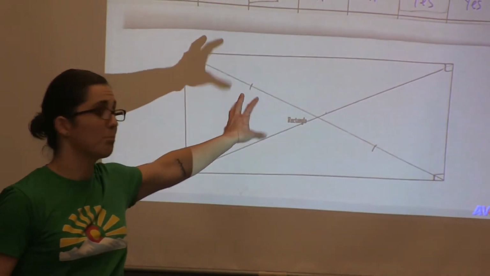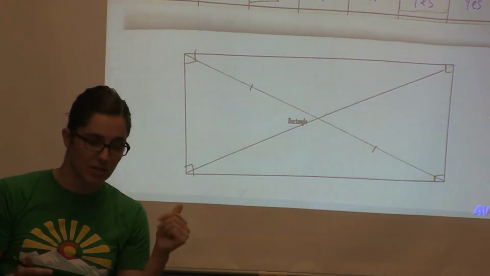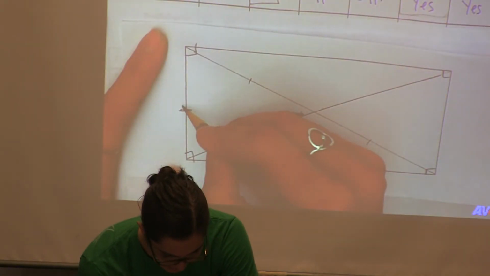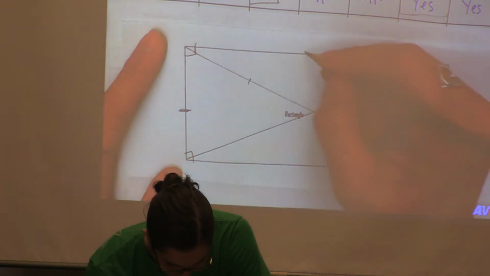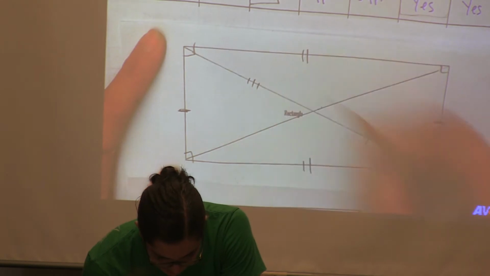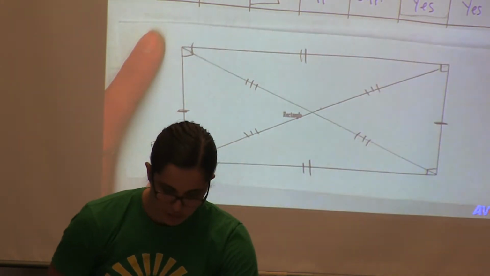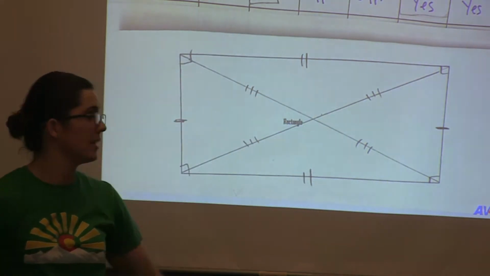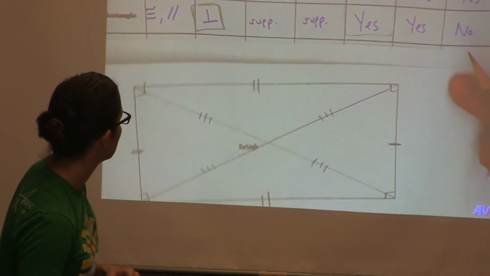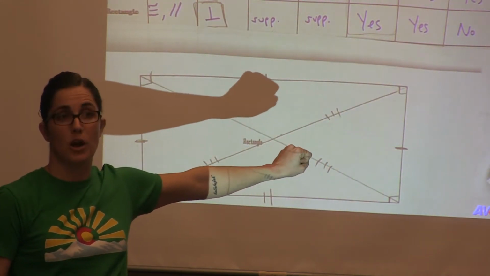The sides are perpendicular to each other. They meet at 90 degrees. That's the definition. And then we can also see that that forces the opposite sides to be parallel to each other. And it makes the diagonals bisect each other. It splits the diagonals perfectly in half, and the diagonals are equal. But it's also obvious that the diagonals are not perpendicular. They do not cross at 90 degrees.